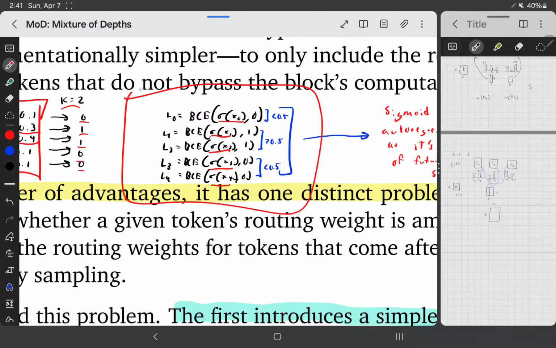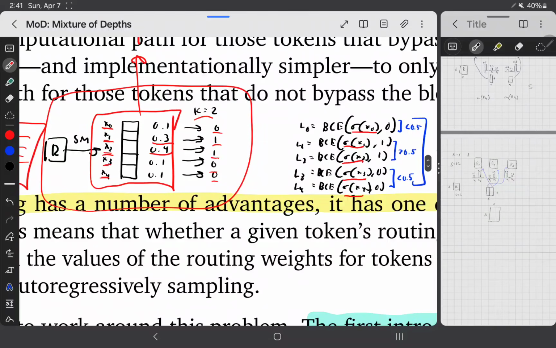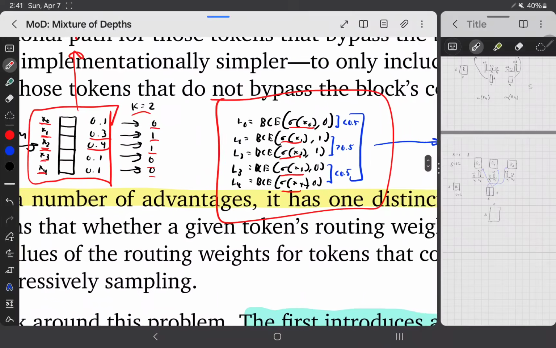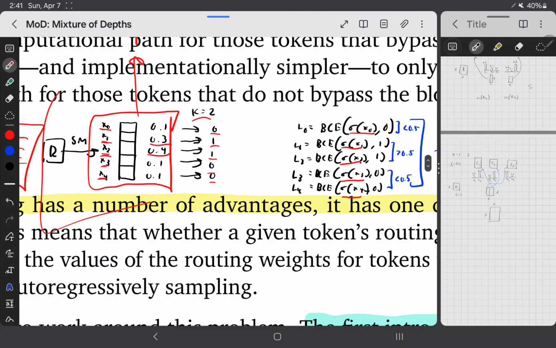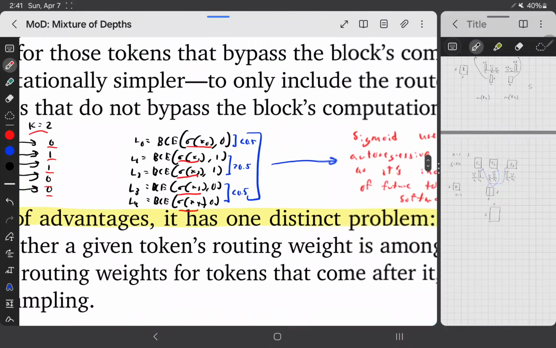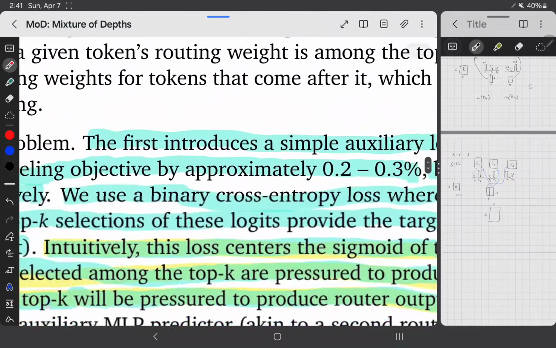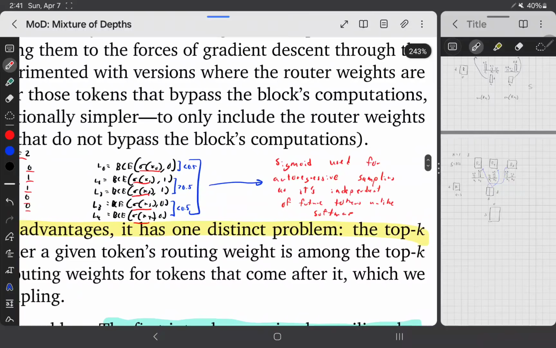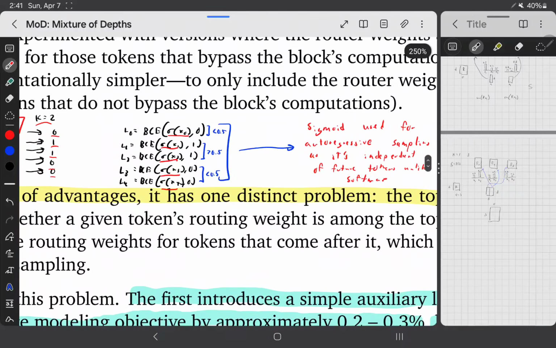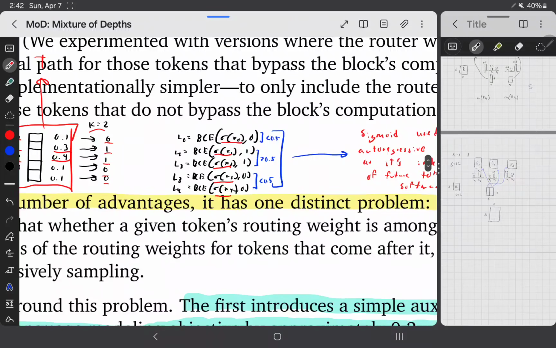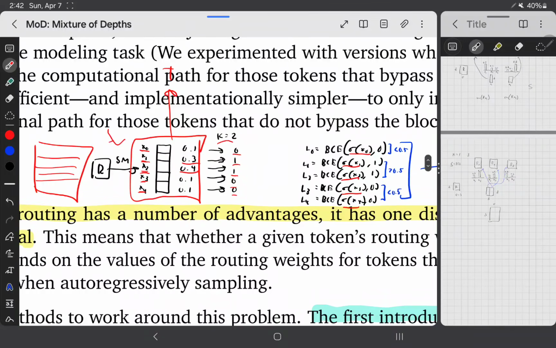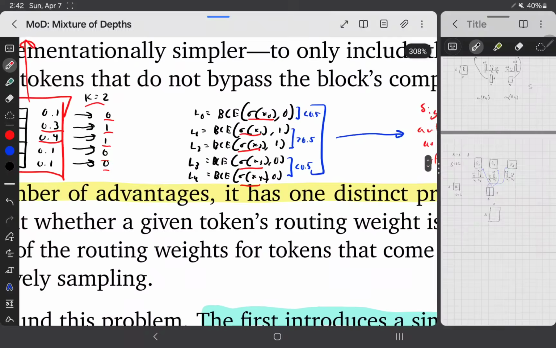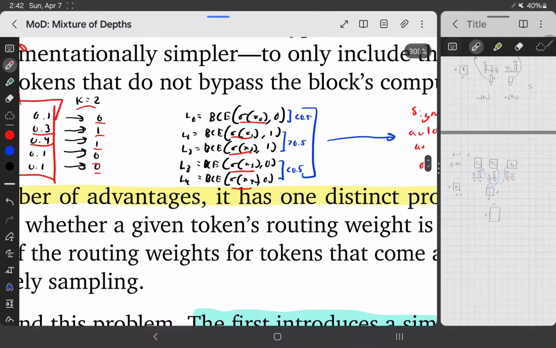So you sample using this, you train using this, and you train the sigmoids while you're training the normal model. You basically just slap on this part. Yeah, that's basically what they do. Hopefully that makes sense. You have these independent sigmoids, which are not bidirectional, and you have the softmax, which is bidirectional.